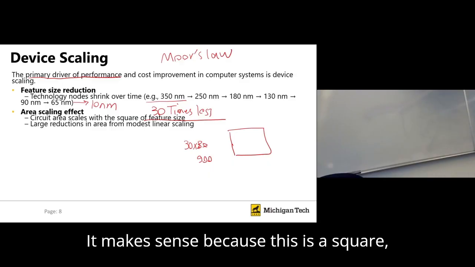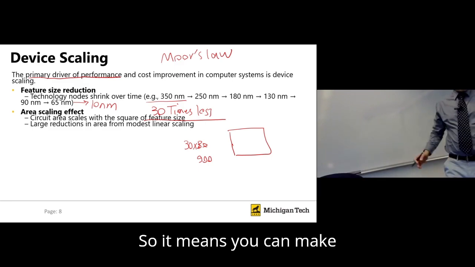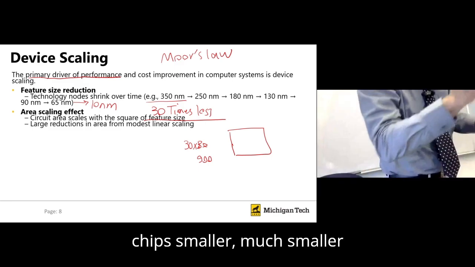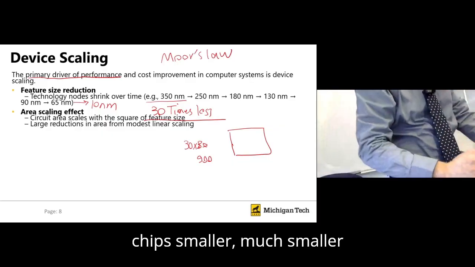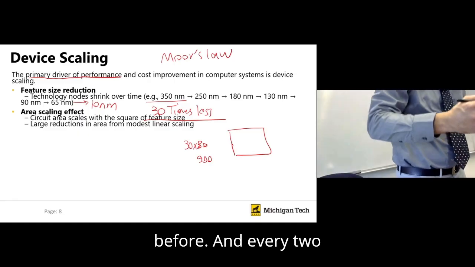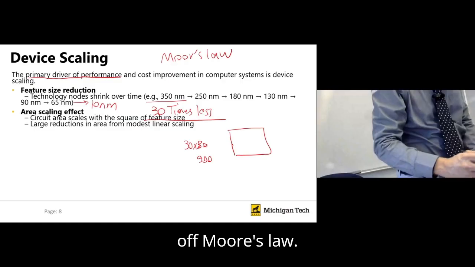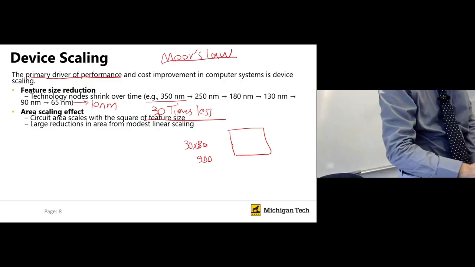It makes sense because this is a square, it is 2-dimensional. So it means you can make chips much smaller compared to before. And every 2 years, this becomes half based off Moore's law.